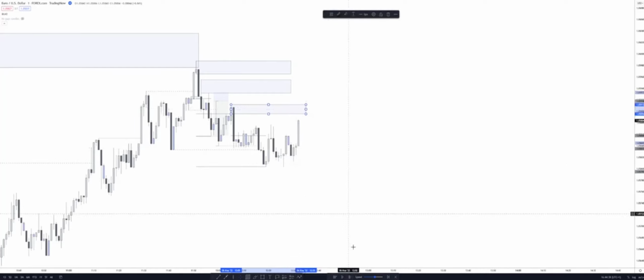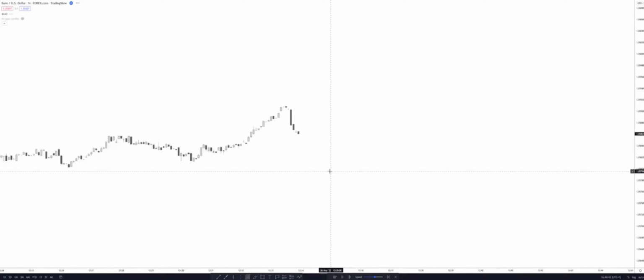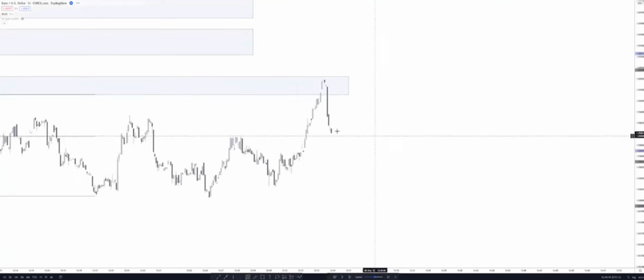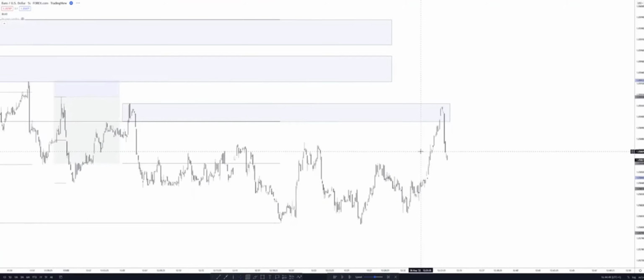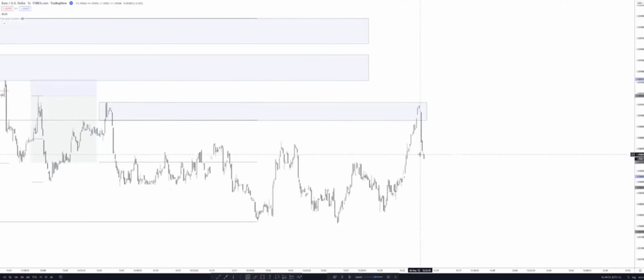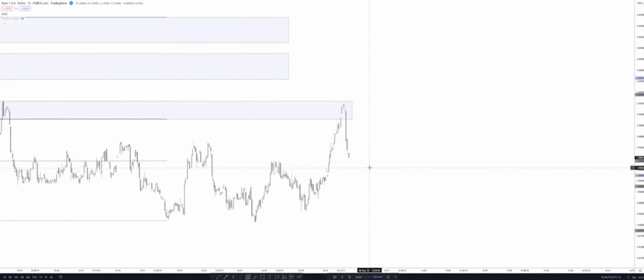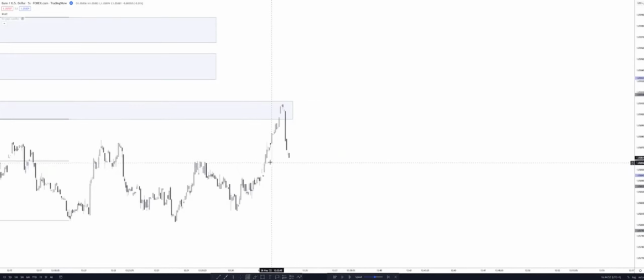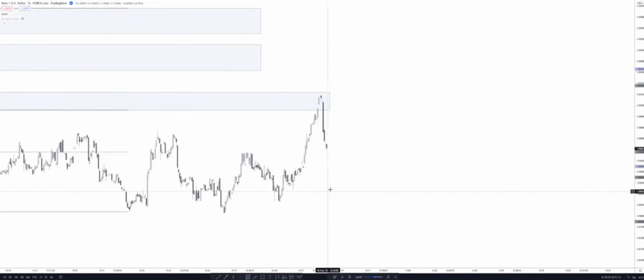And price comes up. Does it tap into our zone? Yes, it does. Okay, so we go on the 5 second. And what we have here is an example of an aggressive reaction on the 5 second. Technically, what we want on the 5 second is a breaker structure, but sometimes you don't get a clear one, or a technical breaker structure would be classed as probably this point here.